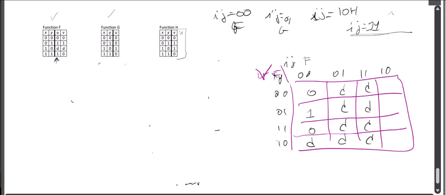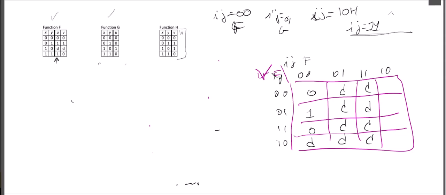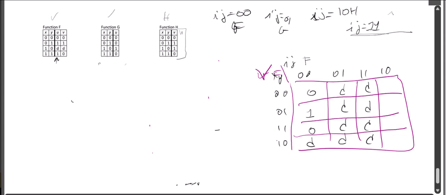And then for ij equals 1, 0, that is function H right here. For 0, 0, we get 0. For 0, 1, we get 1. For 1, 0, we get 1. And for 1, 1, we get 0.